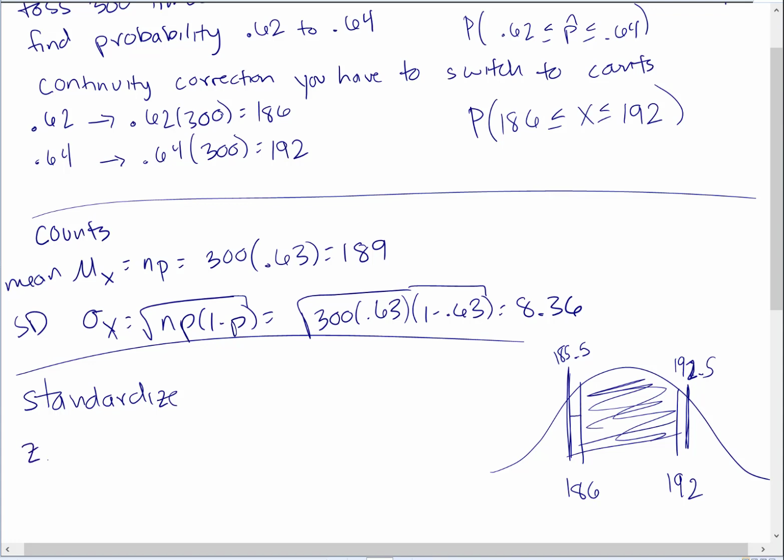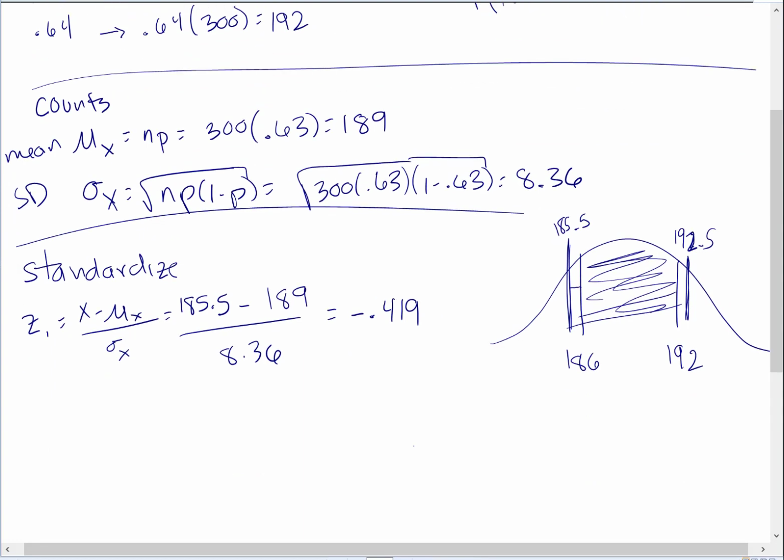So z, my first z value, remember, it's always going to be x minus the mean of x over standard deviation of x. So my first x value is 185.5 minus my mean of 189 over 8.36, which is negative 0.419. My second z value, again, we do the x value minus the mean over the standard deviation.